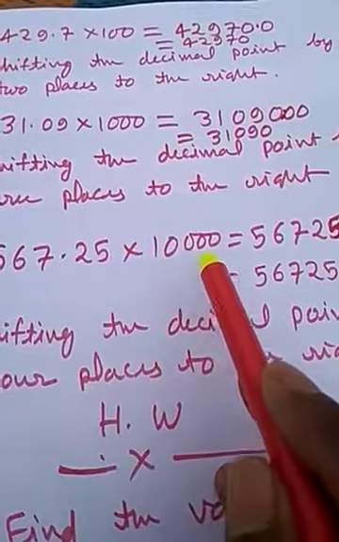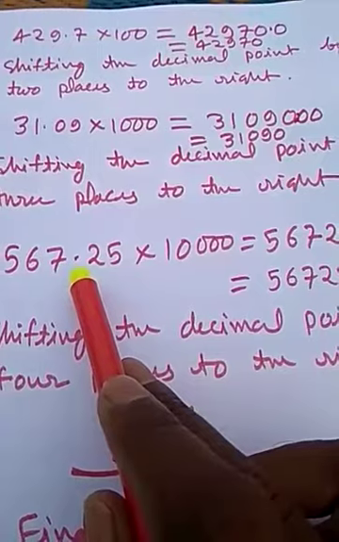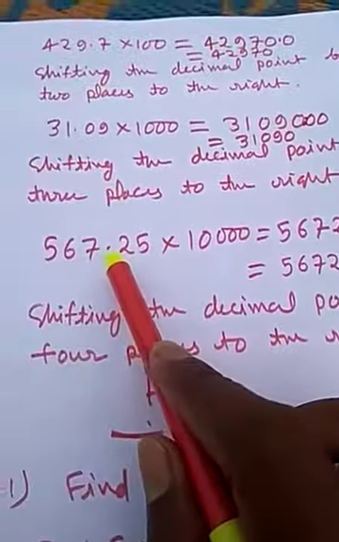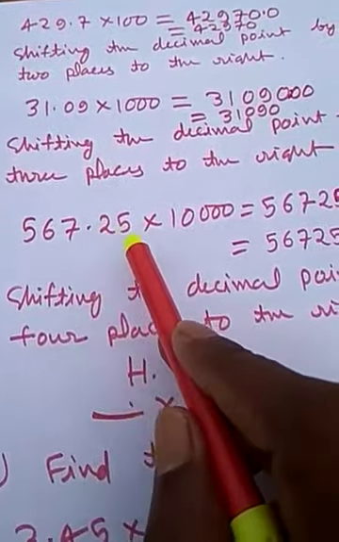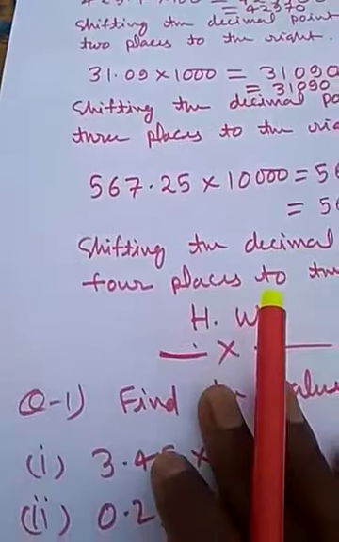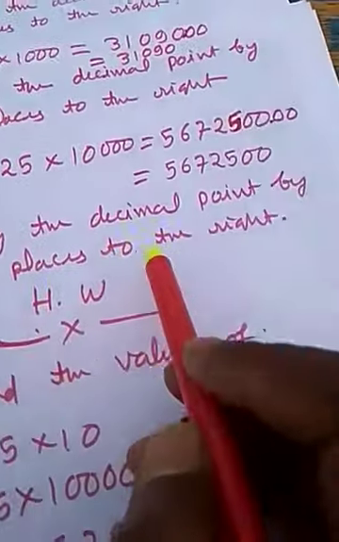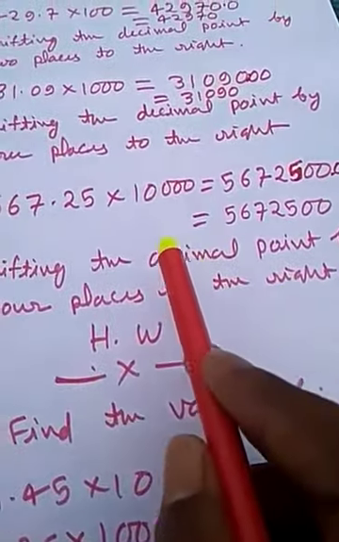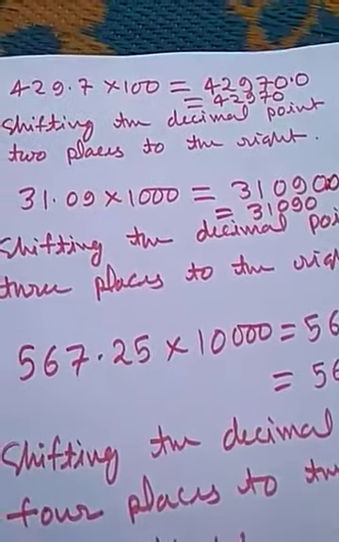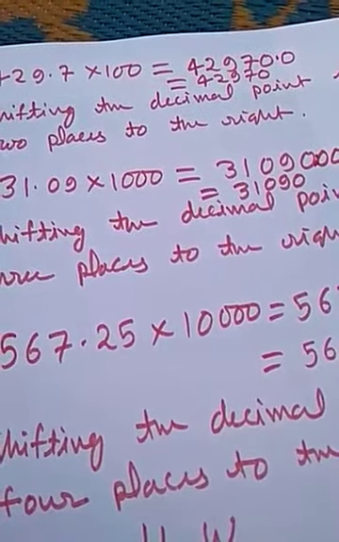In the case of 10,000 there are 4 zeros, so we shall shift the decimal point 4 places to the right side. So here we shall write shifting the decimal point by 4 places to the right when we have to multiply by 10,000.